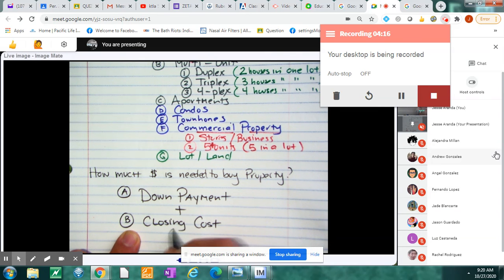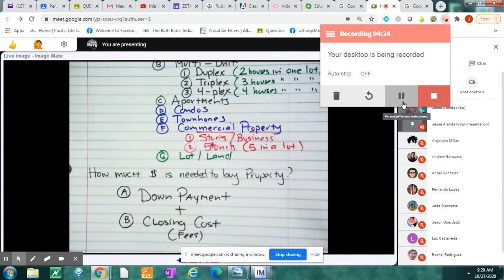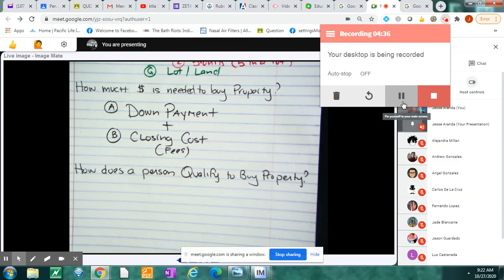Obviously you're going to end up paying the balance at the end, but you don't need that right now. You need to make a down payment and pay the closing costs. Go ahead and write that. You need that in your bank account, except for the FHA, where family and friends could give you money to cover the down payment.